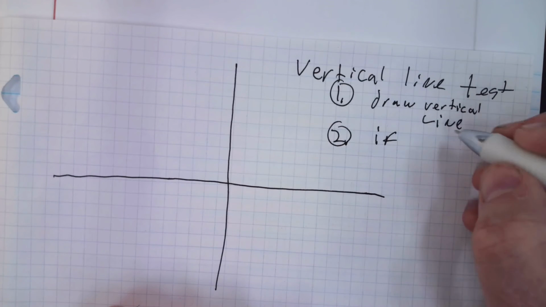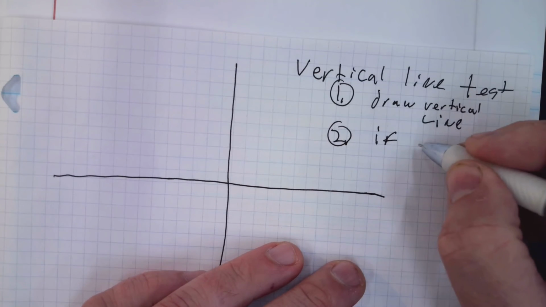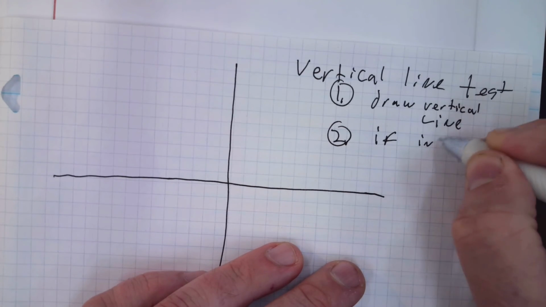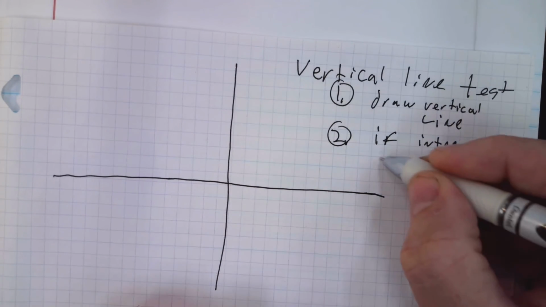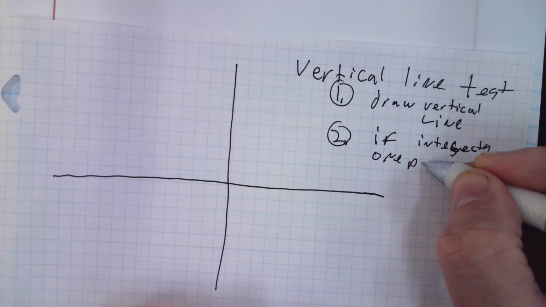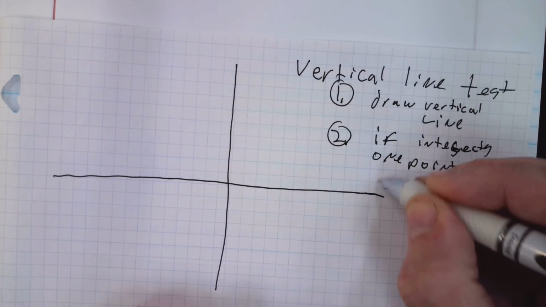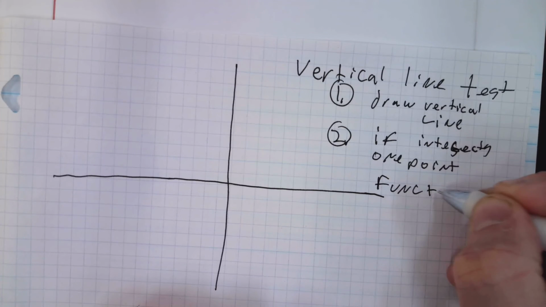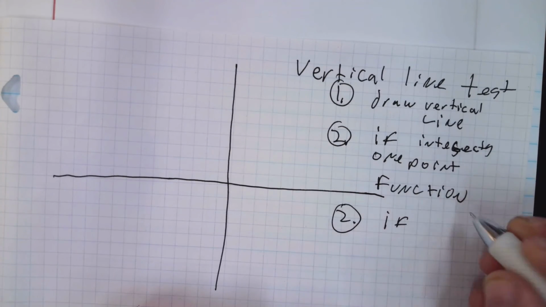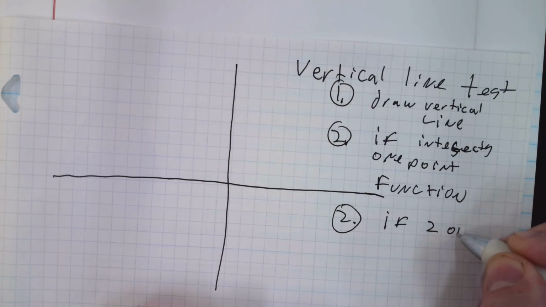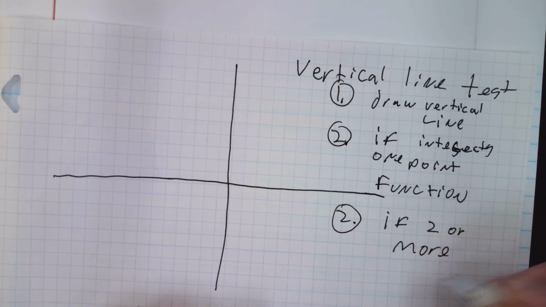If it intersects one point, that's terrible. 1 point. Function. If it intersects 2 or more, not a function.